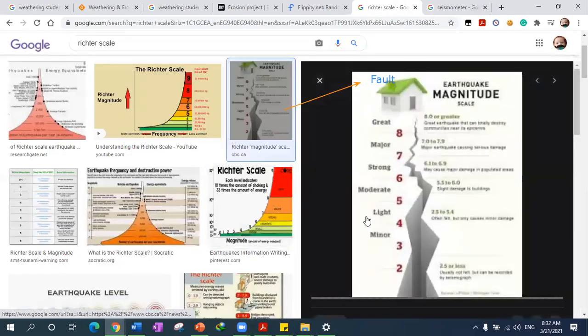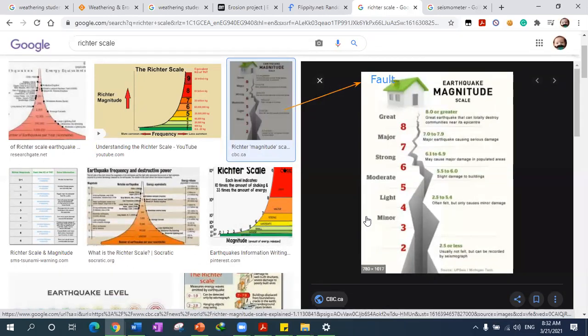Here we have a Richter scale, okay? Just like the Mohs hardness scale, the one that measures how hard rocks and minerals are, remember this? Yes, the Mohs scale. This is another scale, but this is for earthquakes. So we have from 2 to 8. At 2, we really don't feel it.